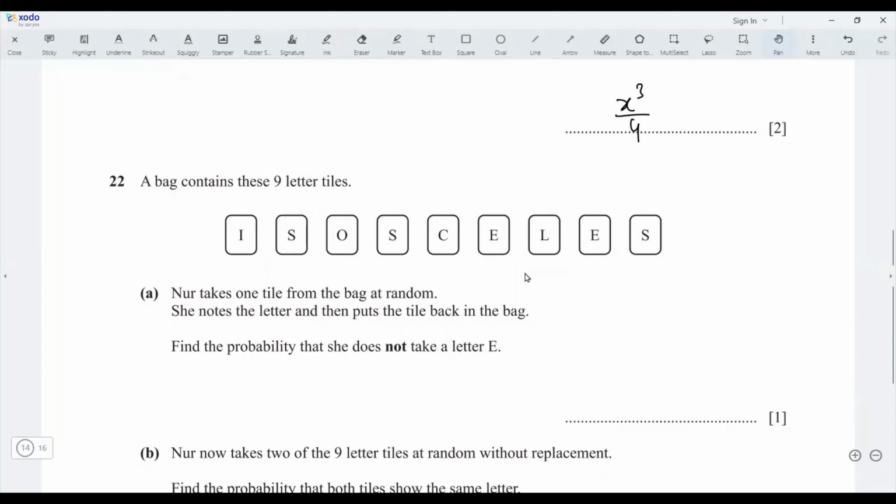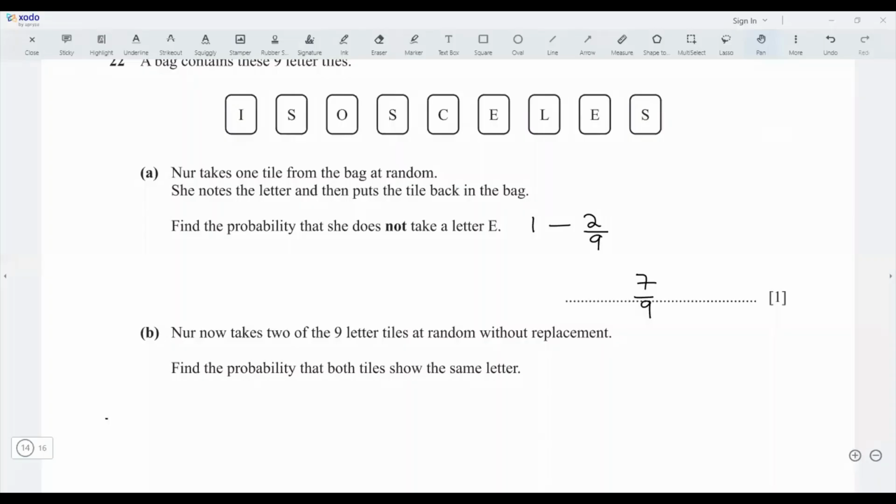How many E's are there? There are 2. So for does not, we have to subtract the probability of E from 1, where 1 is the probability of the complete event, a certain event. So after subtracting 2 by 9 from 1 results in 7 over 9, the probability that E is not occurring.